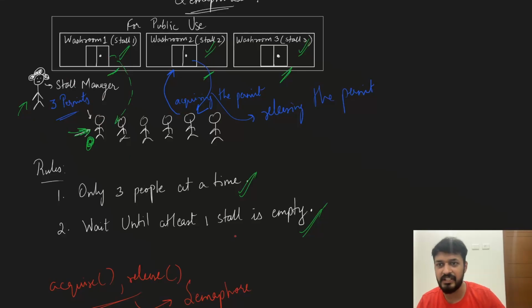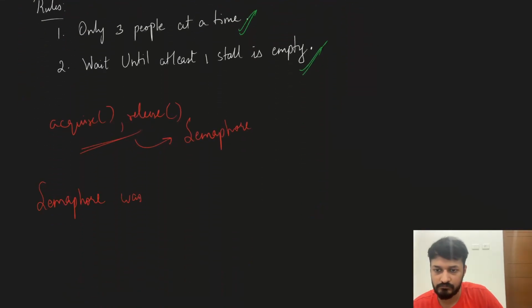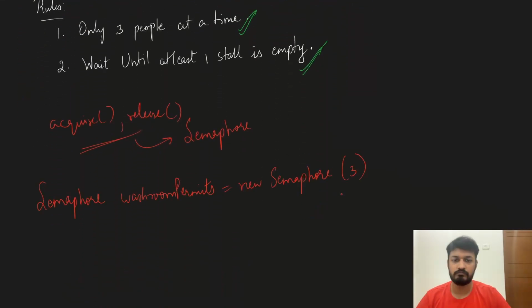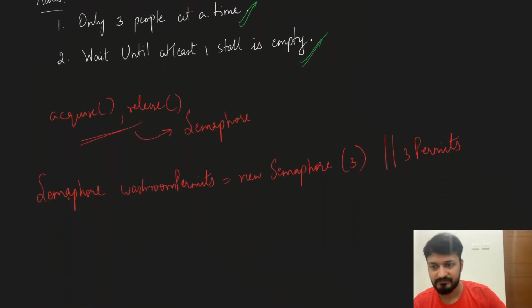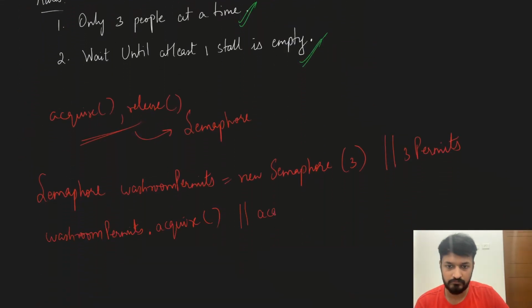Okay, so in Java, we write it as Semaphore washroomPermits = new Semaphore(3). This 3 indicates this particular semaphore has 3 permits. Secondly, someone locking the door and going inside the washroom corresponds technically to washroomPermits.acquire(), which means acquiring one washroom.